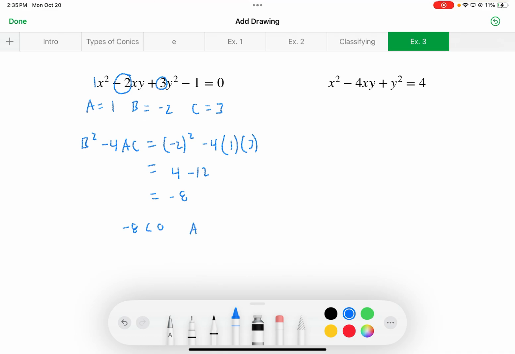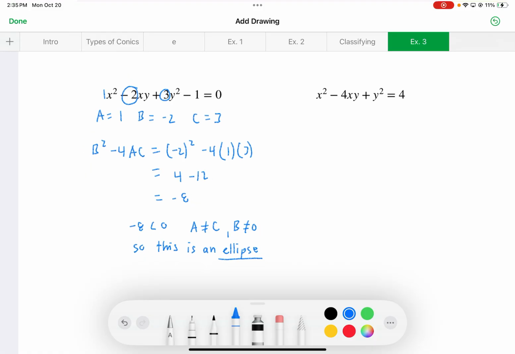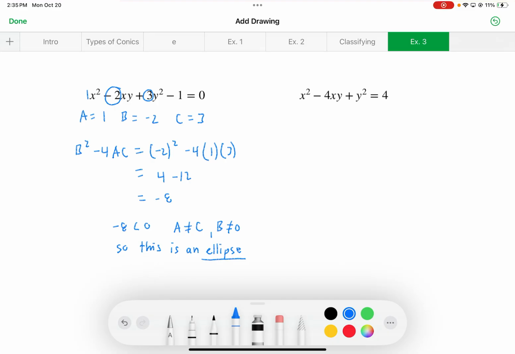Okay, negative 8 is less than 0, so we're either working with a circle or an ellipse. Okay, well, A does not equal C, and B is not 0 in this case. So we are not a circle. This is an ellipse. Okay, final example. A is 1 again.